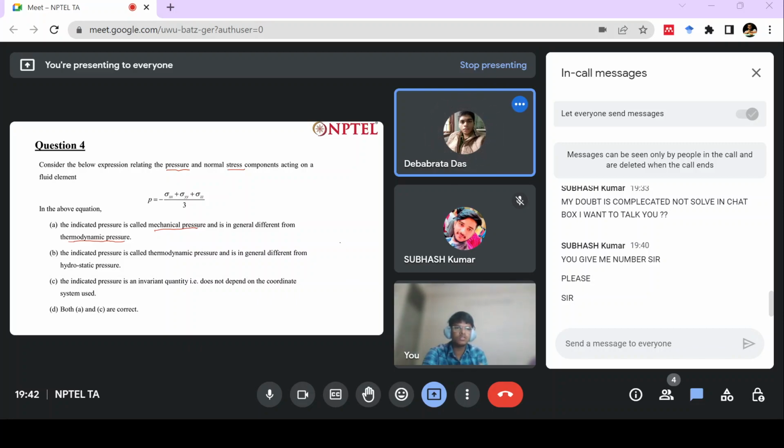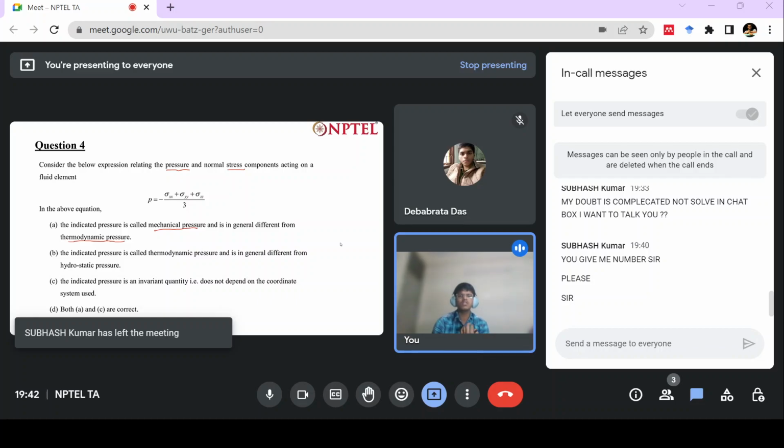Okay, but you said force in both those statements. So how is it different? The force we exert, like on the piston, for example, that is also force per unit area only, which you define as pressure there as well, right? So how is it different from mechanical pressure? That is also mechanical pressure, right?